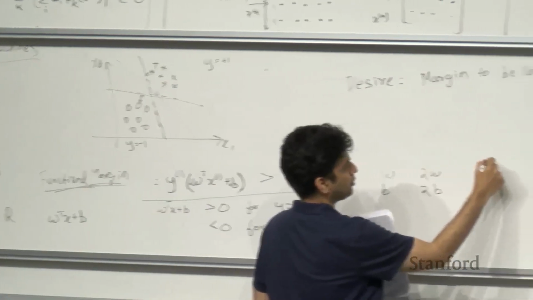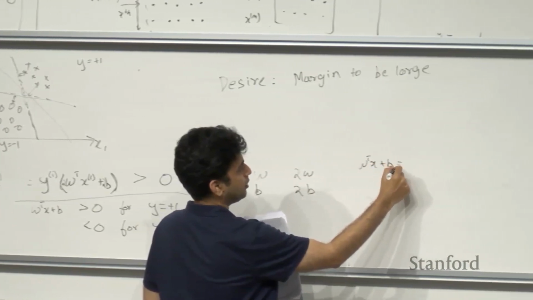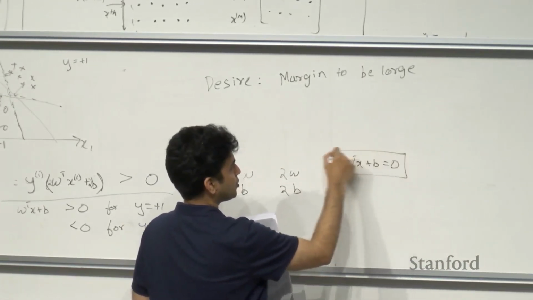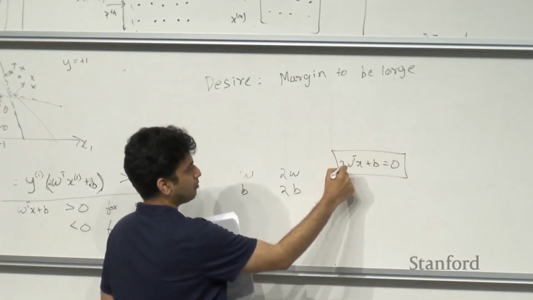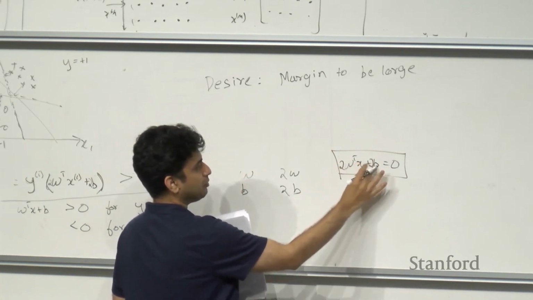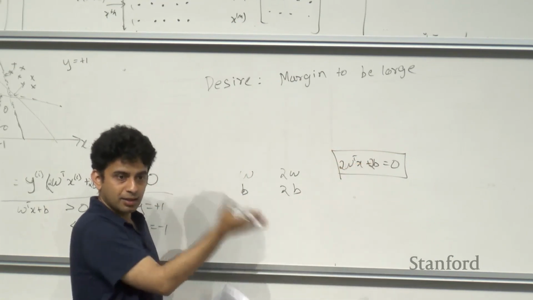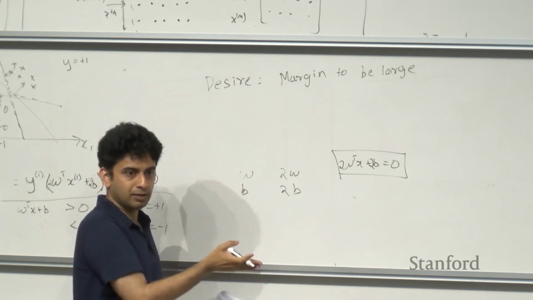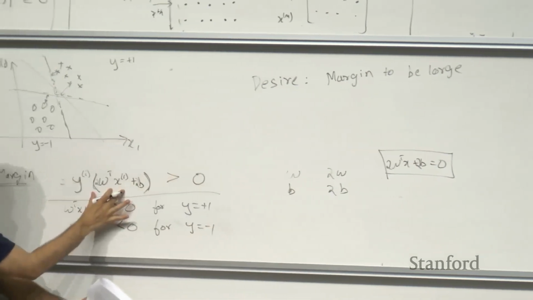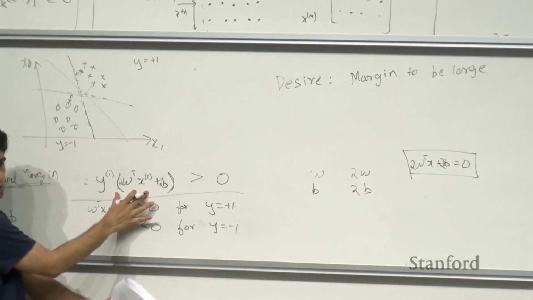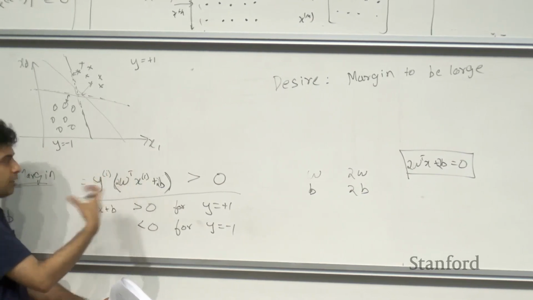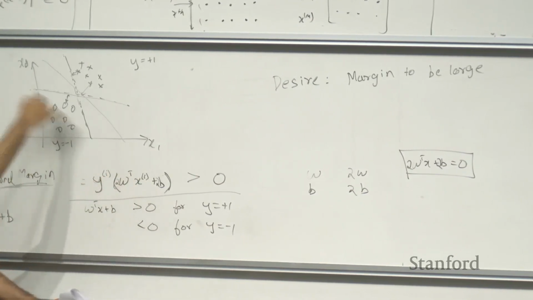If w transpose x plus b equals 0, this corresponds to the separating hyperplane. You can scale your w's and b's with any scalar and still have the same separating hyperplane, but this definition of margin would result in a larger value. You would get a larger functional margin for the same separating hyperplane.